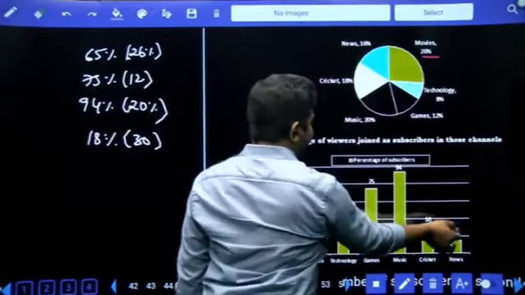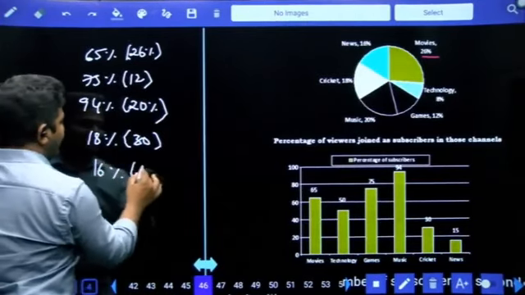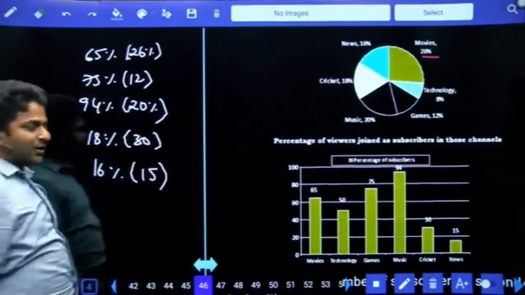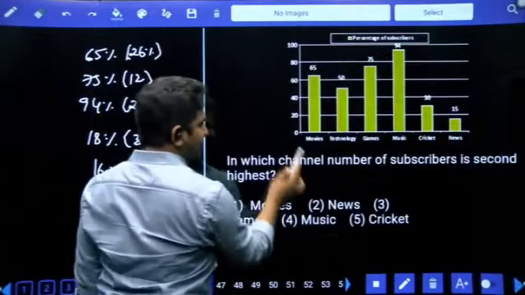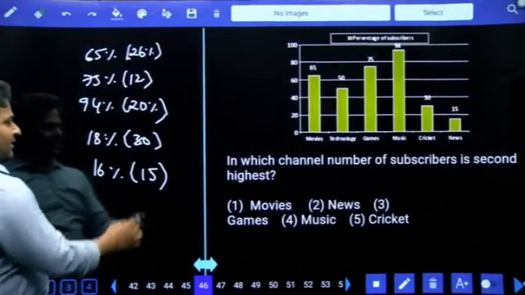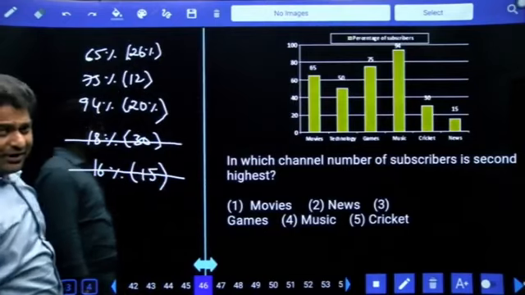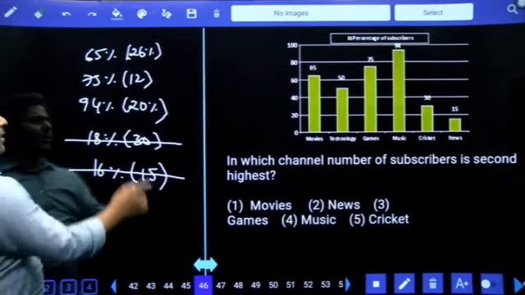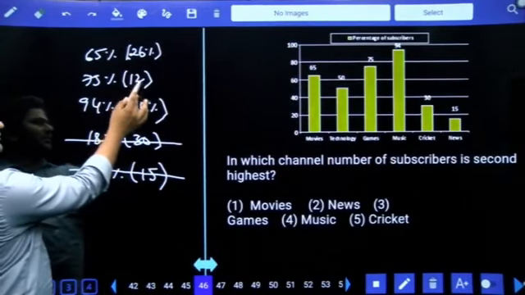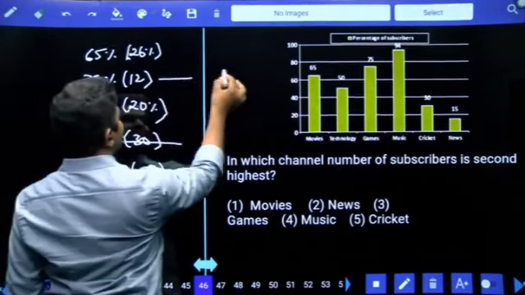News, 16% of 15. Now your question is to identify the second highest subscriptions. These are the least 2 values, and you can definitely eliminate them. When you observe this, 75% of 12. 75% is half plus half of the number. So this value is equal to 9.